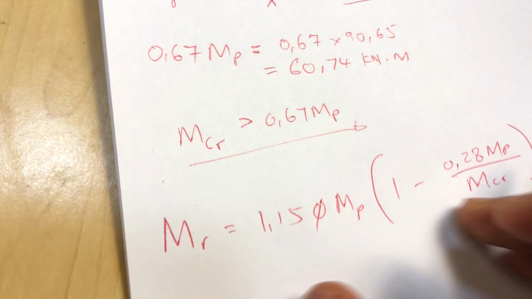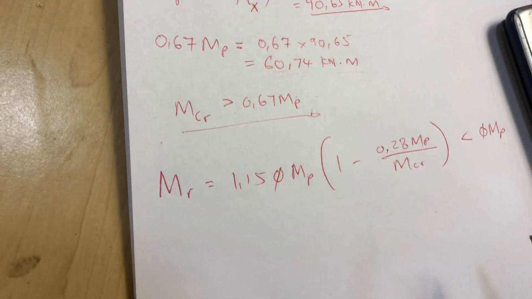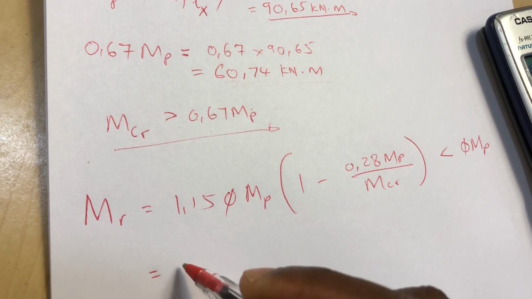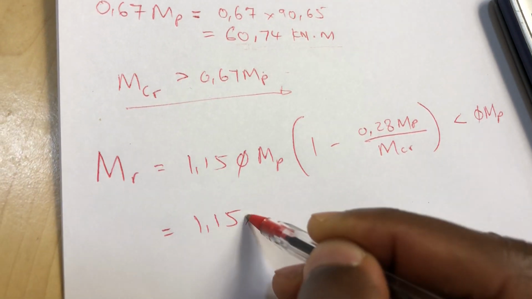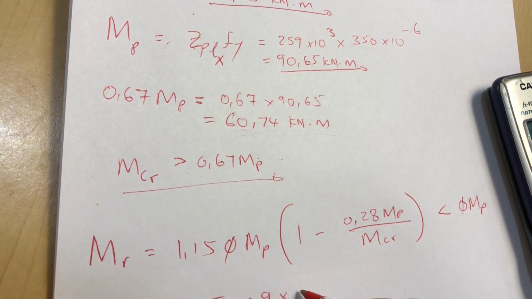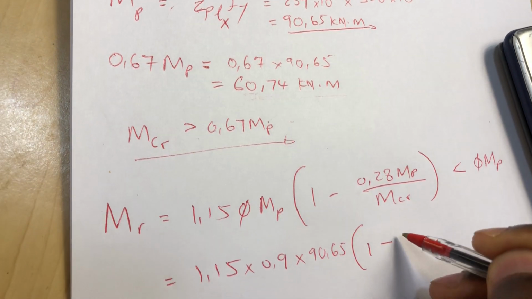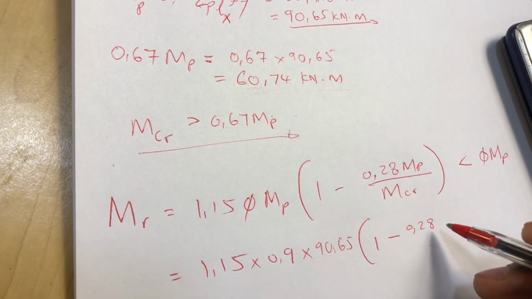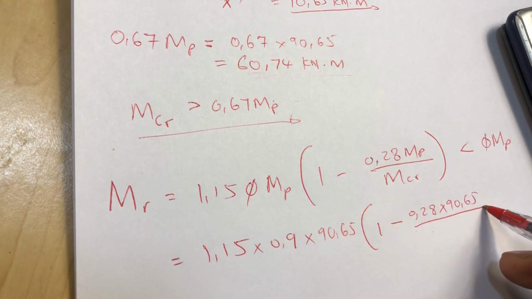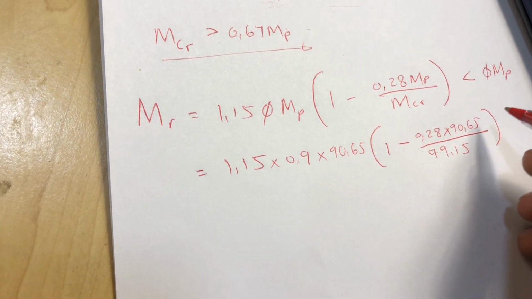So whatever value you get there, it must not be greater than your phi MP. Okay, we didn't calculate phi MP. So now MR is 1.15 times 0.9 times our MP, which is 90.65, open bracket 1 minus 0.28 times 90.65, divided by our MCR, which is 99.15.